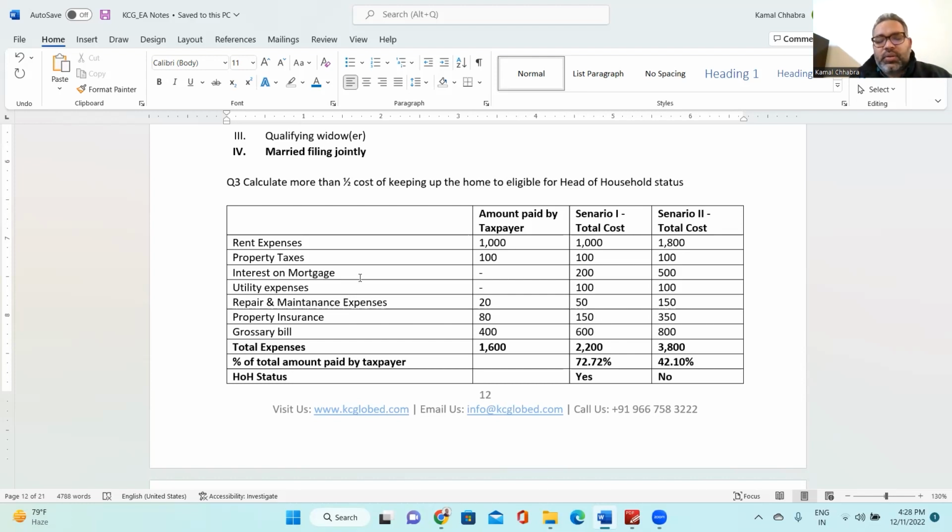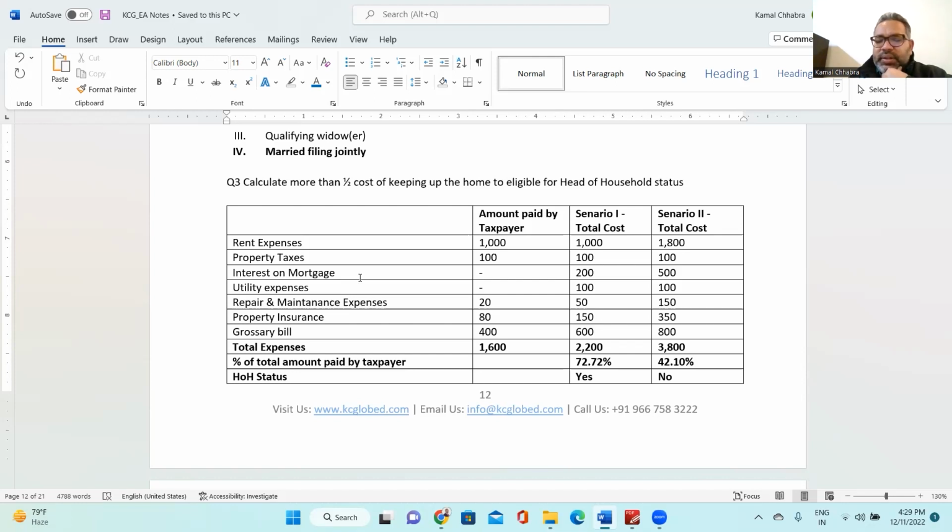And then your grocery bill. Let's say for your food, milk and other grocery stuff, the total expenditure for the month is $600 and you have paid $400 out of it. That means the total expenses were $2,200 and out of that you have paid $1,600.